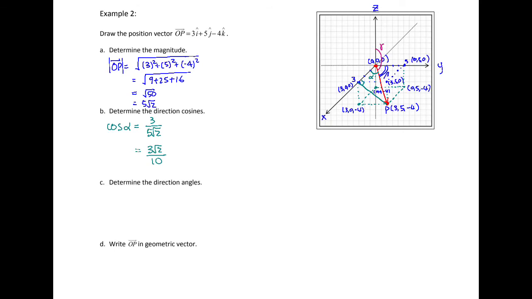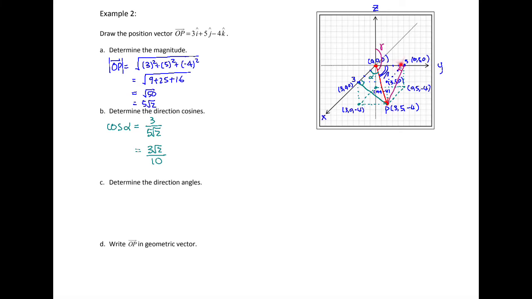Likewise, in order to find angle beta, I need to construct another right triangle. So I connect the y-intercept to the tip of the vector OP, which is the head of the vector OP. Now, as you can see, this is a right triangle, and the 5 units for the y value becomes the adjacent side of the right triangle, and this is the hypotenuse.